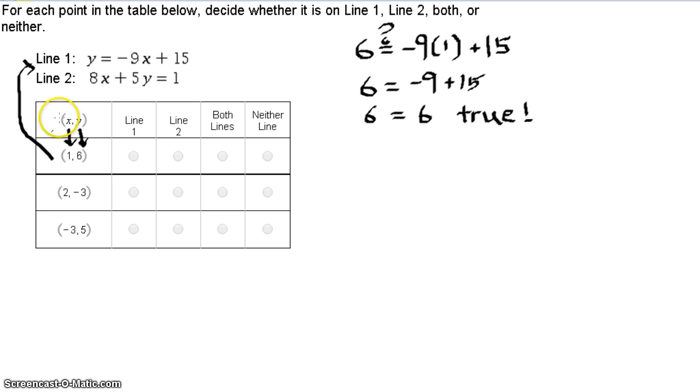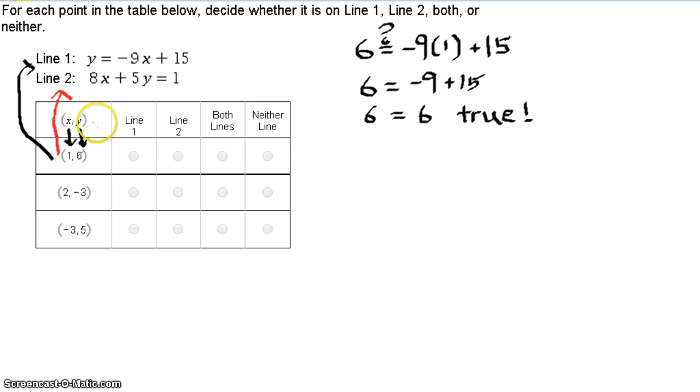Okay, let's test the same point, 1, 6, however this time with line 2. Alright, I'll write that in red. Now my line 2 equation is 8x plus 5y is equal to 1.